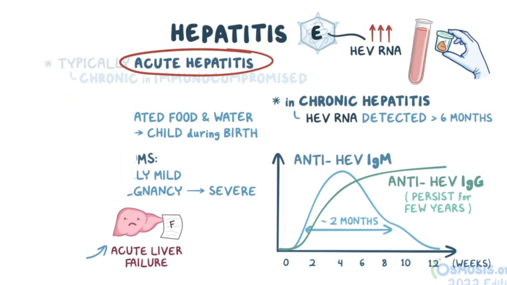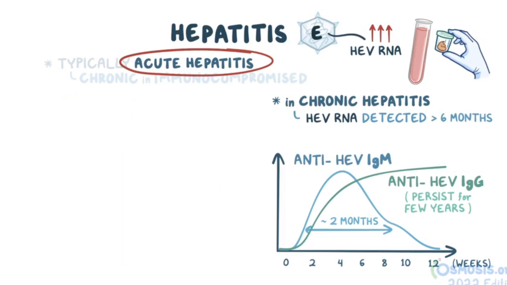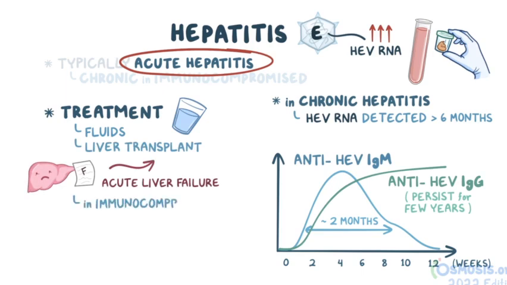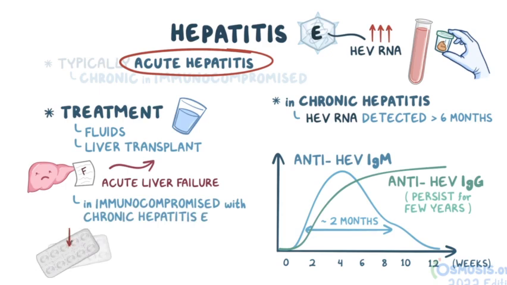Acute hepatitis E usually resolves within a few weeks, and the main treatment is giving fluids in case of dehydration. However, in cases of acute liver failure, a liver transplant may be needed. In immunocompromised individuals with chronic hepatitis E, treatment involves lowering the doses of immunosuppressants and giving ribavirin for 12 weeks.